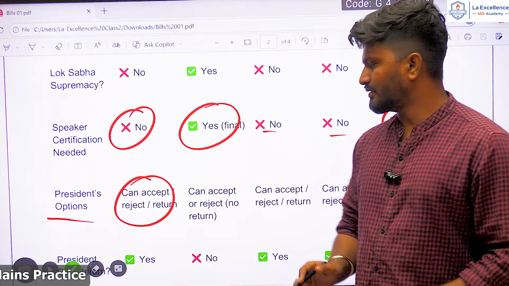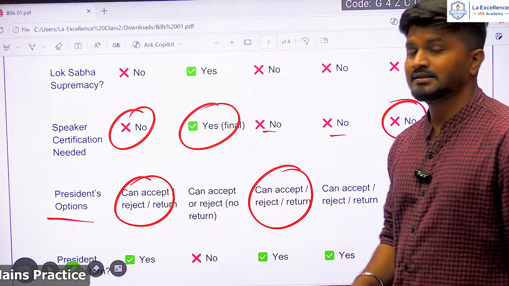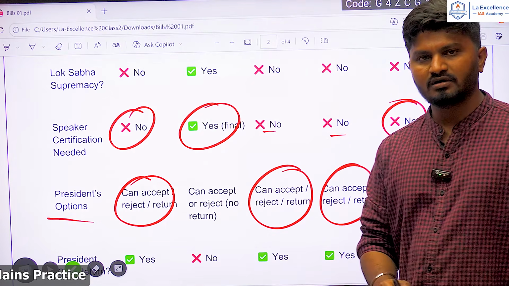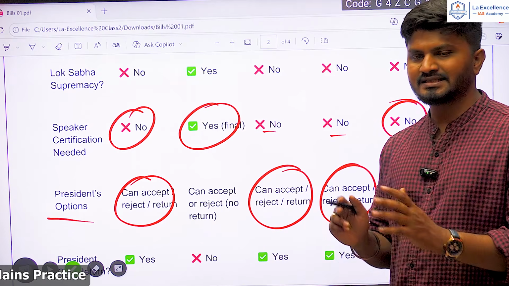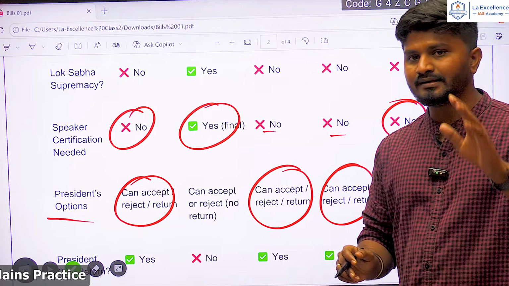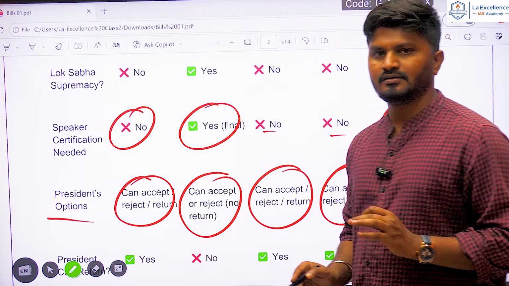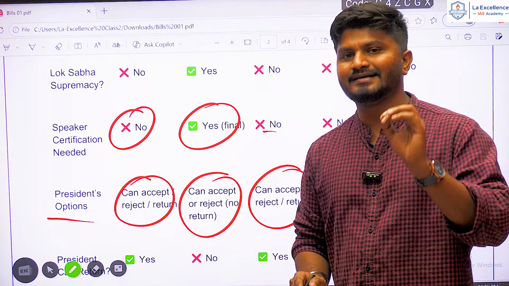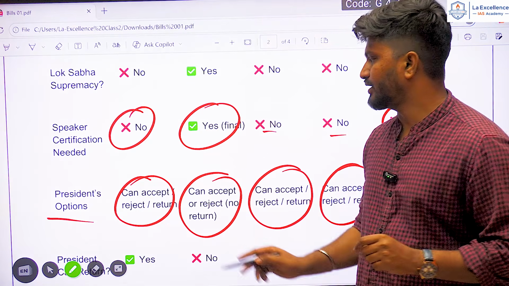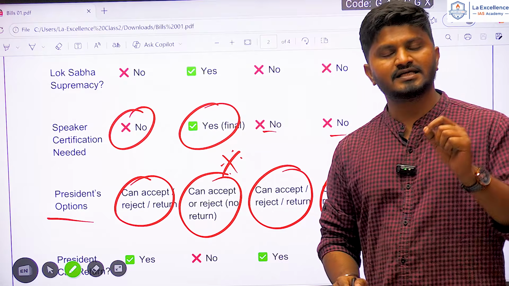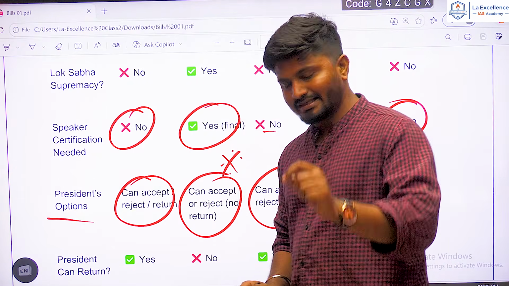With respect to financial bill 1 or financial bill 2 also, accept, reject or return. But when it comes to money bill, he can either accept or reject, but cannot return it. Very, very, very important.